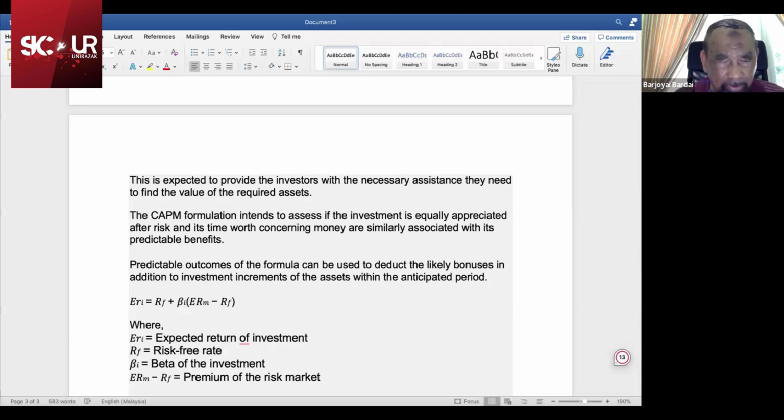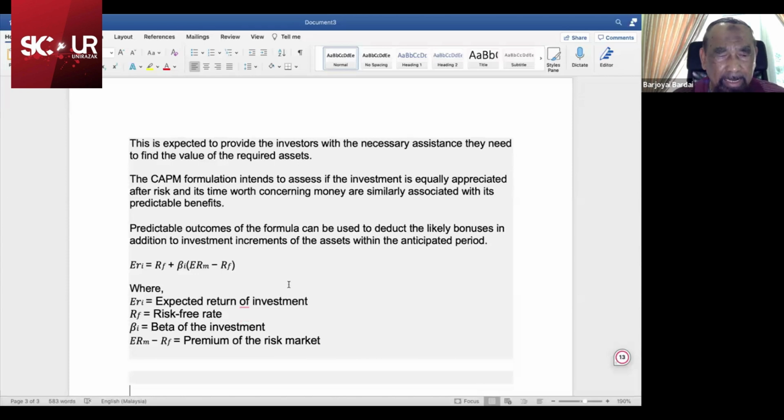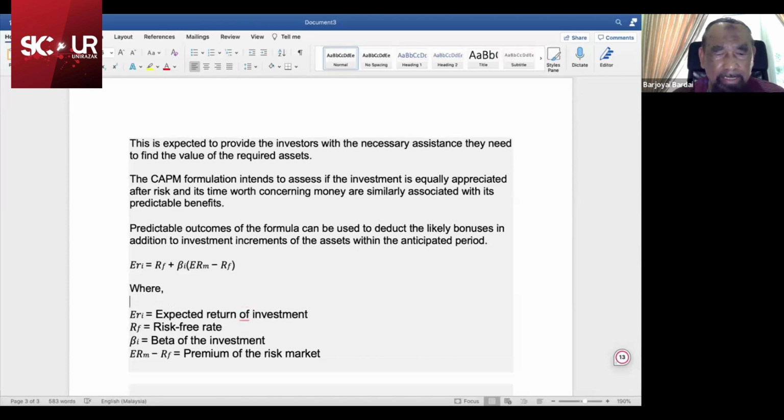So in the formula, ERI is the expected return of investment, and RF is the risk-free rate. Beta 1 is the beta of the investment, and ERM minus RF is the premium of the risk market.